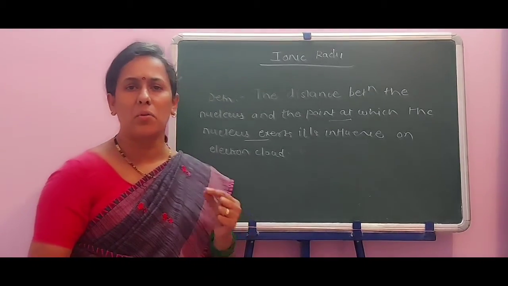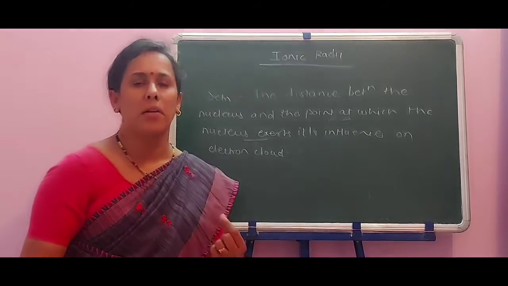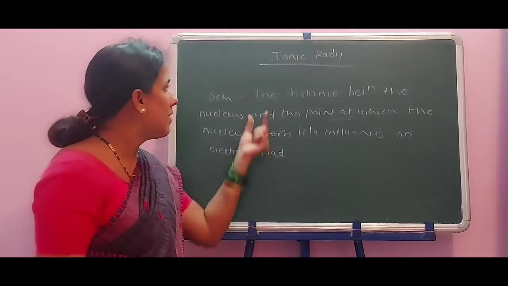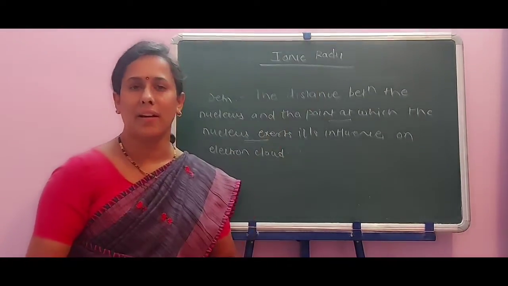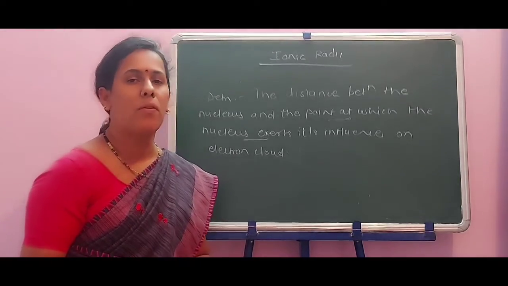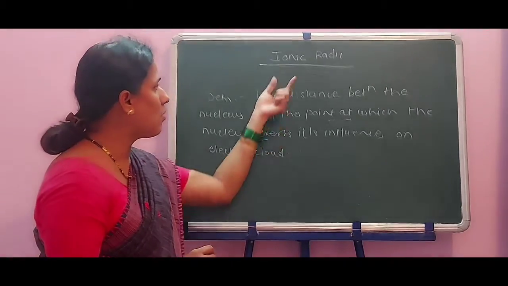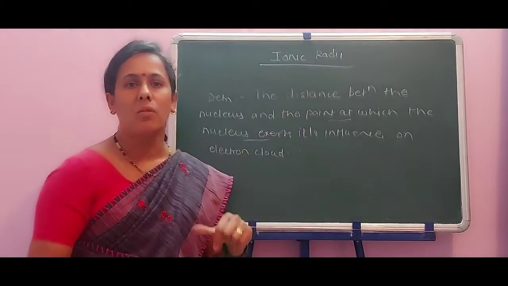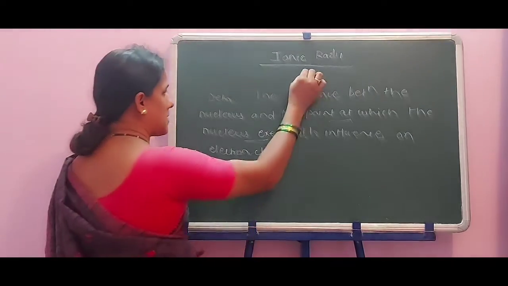Now, there are some important points relating to this ionic radii. Before going to discuss these, we have to focus on the ionic radii, which is divided into two types.